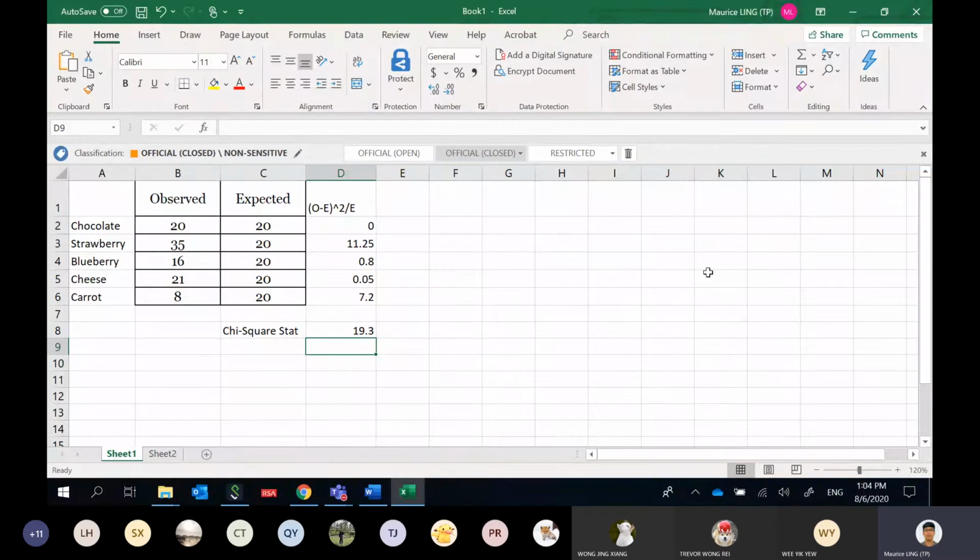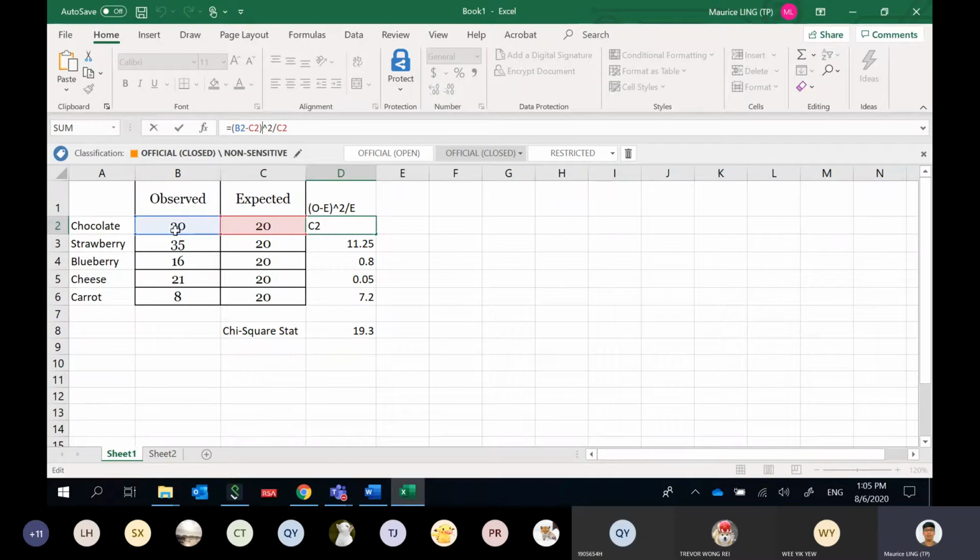Lucas, can you show how you did it again? When you minus and everything, you take observed minus expected, then you square it, divide by expected.